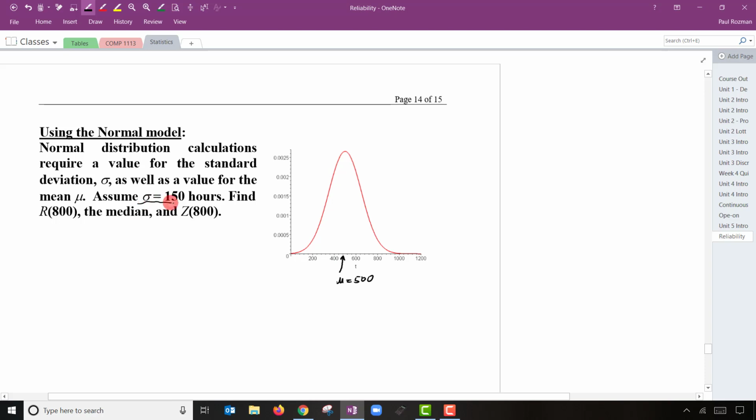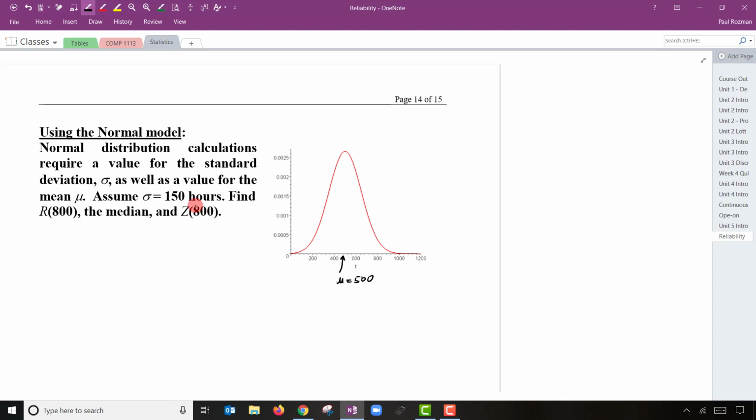And in this case, I decided that our standard deviation for the product that we're making up is 150 hours. But again, it wouldn't be that hard to come up with this number, even in a real world situation. Just do a little pilot study, and you'll get at least in the ballpark for this. And then as you go along, you can revise the model.